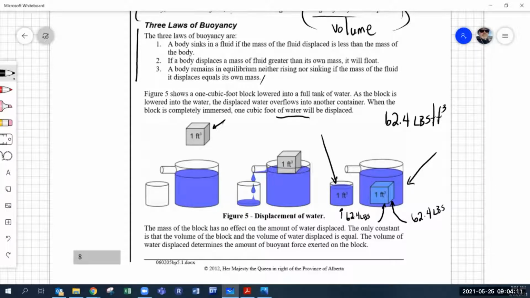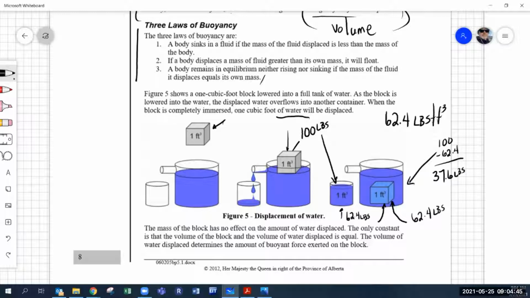Now, we haven't really said how much this block weighs. So for example, if this block weighs 100 pounds and I immerse it in this water, while it's in the water, if we take 100 minus the buoyant force that's on there, this block, while it's immersed in the water, weighs 37.6 pounds.